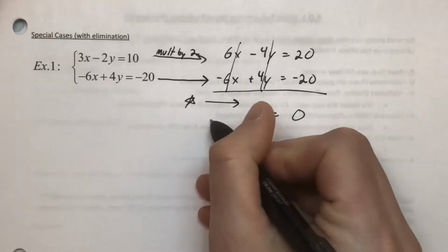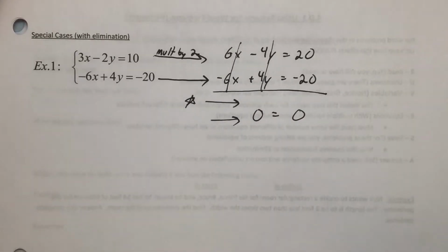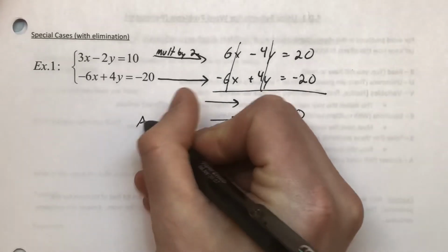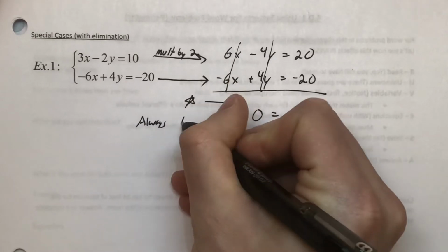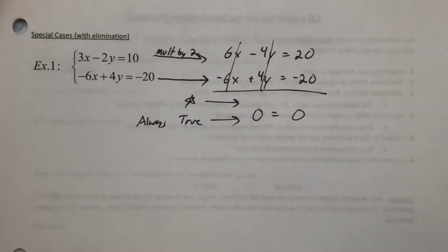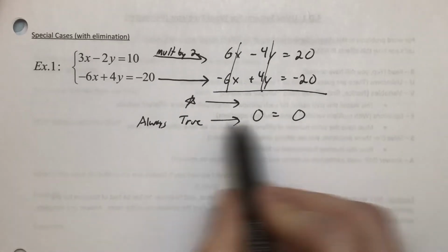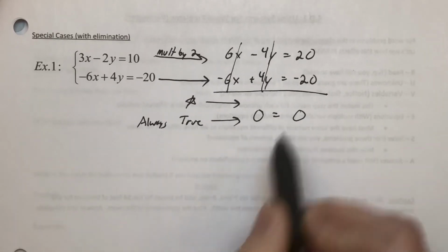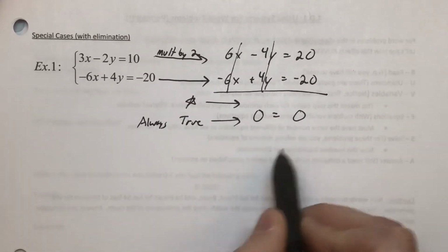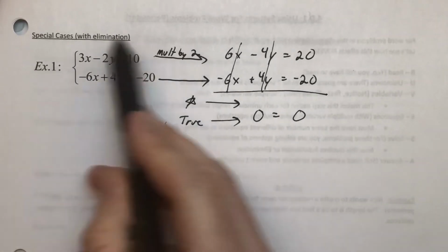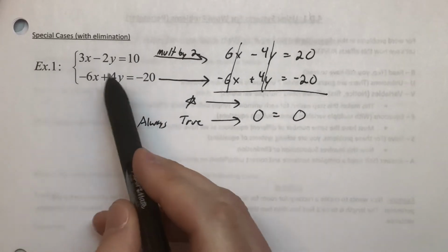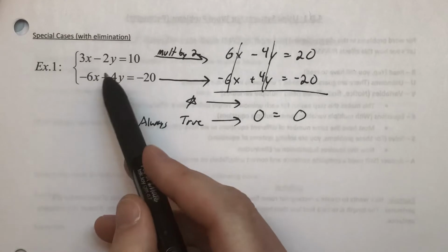So you look at the statement. Now the statement says 0 equals 0. And so I would say this qualifies as an always true statement. That is correct. So just like with the other process, when you get to this stage, if you're left with a statement that is always true, that means that these two equations are the same equation. They're the same graph of the same line.